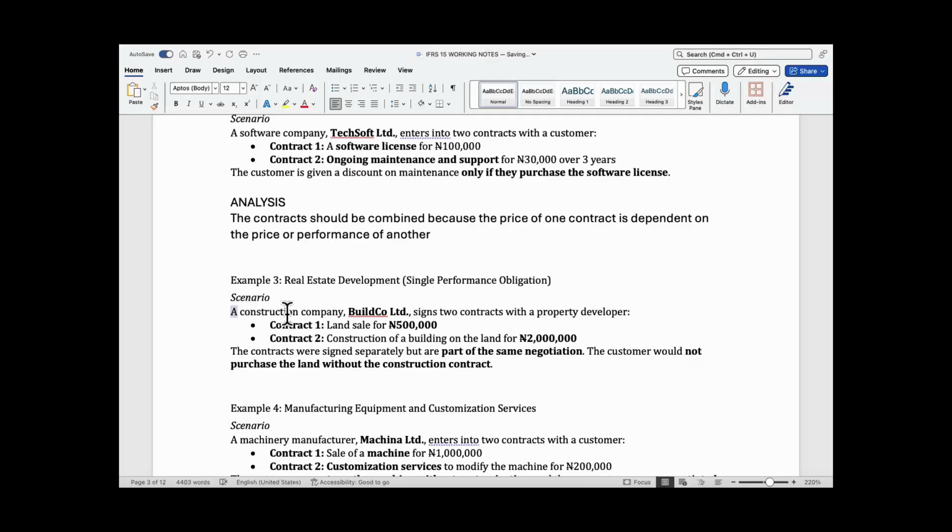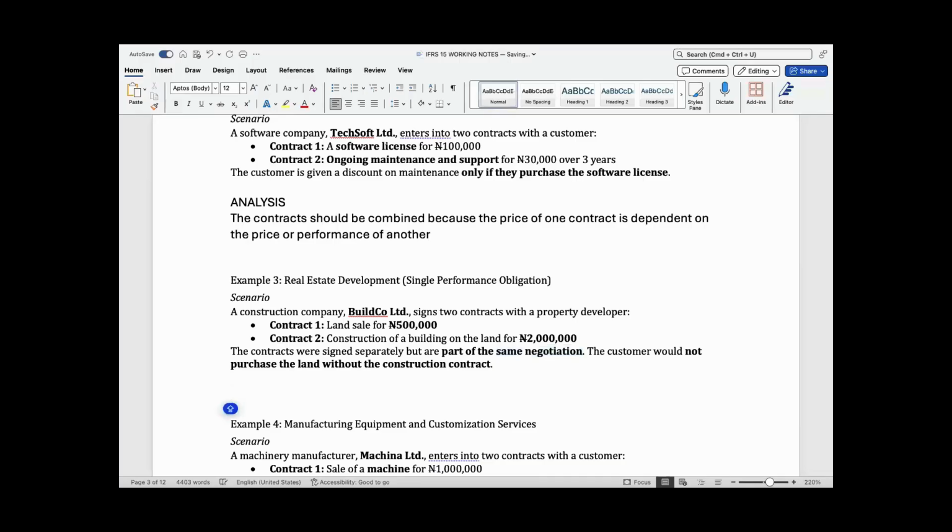Another scenario, we're told a construction company, Build Co Limited, signs 2 contracts with a property developer. Land sale for 500,000 and contract 2, construction of a building on the land for 2 million. The contracts were signed separately, but are part of the same negotiation. The customer will not purchase the land without the construction contract.